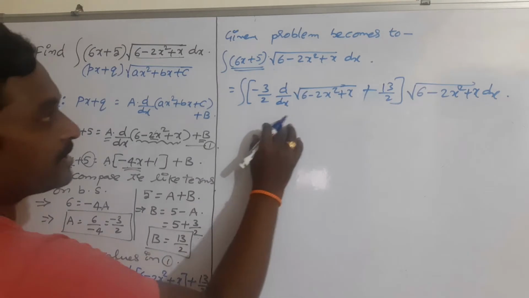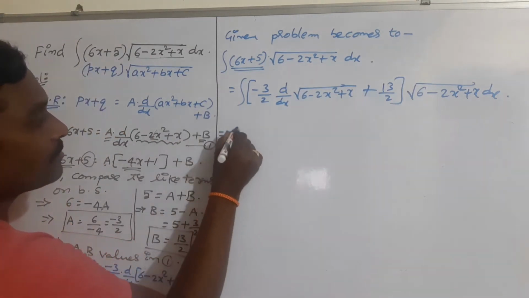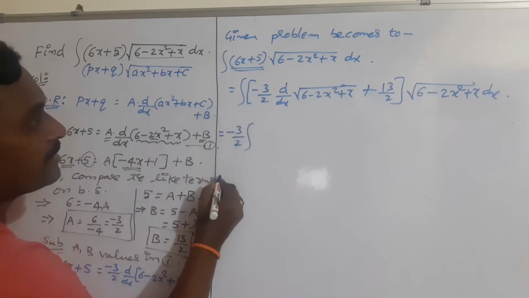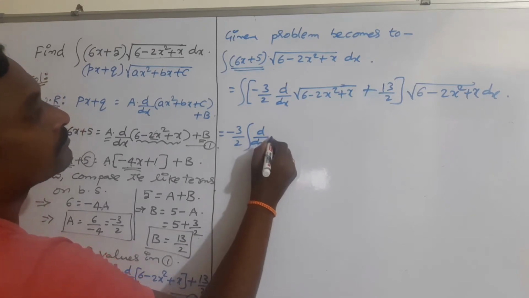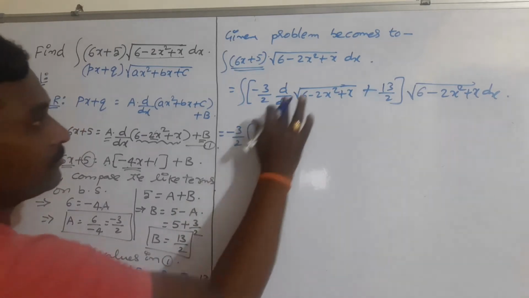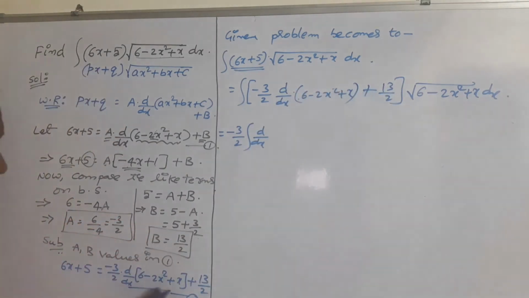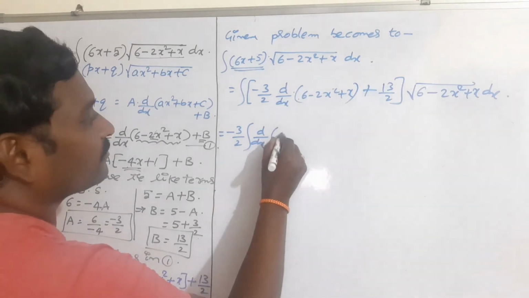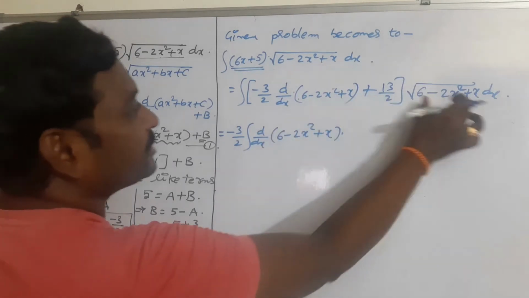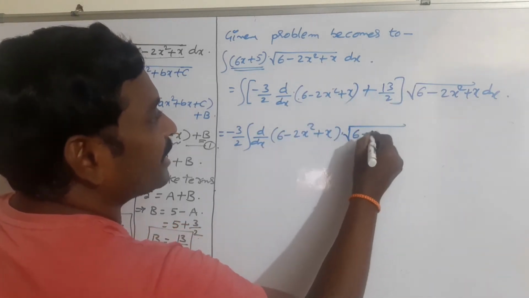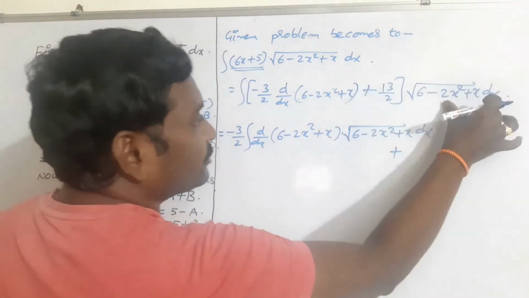Now separate the terms because in between we have a positive sign. So minus 3 by 2 is the constant term, right outside of the integration. Minus 3 by 2 into d by dx of (6 minus 2x square plus x) into 1 over root over 6 minus 2x square plus x into dx, plus 13 by 2 into this term.